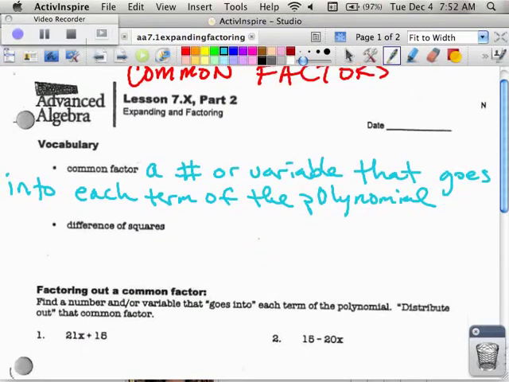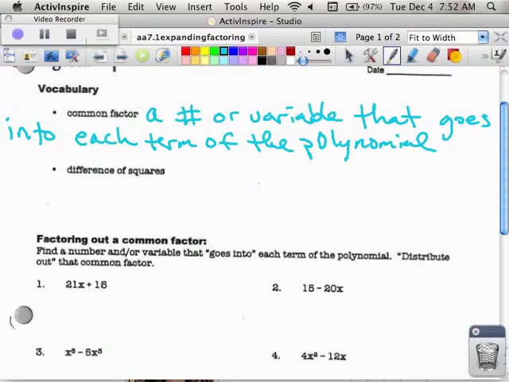And then we talked a little bit about the difference of squares. When we were talking about the difference of squares, we did a lot with that in the last lesson.